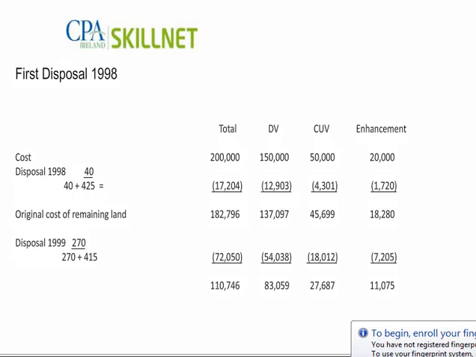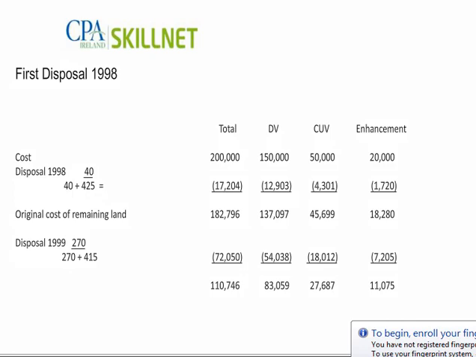Okay, so you work that right across, and that's 17,204, 12,903 development value. Again, 40 over 40 plus 425 for current use value. Apply that to 50,000, 4,301. Enhancement then just gives you a portion of 1,720. Now, what you end up doing for the next disposal, which takes place in 1999, where you got 270 for that.